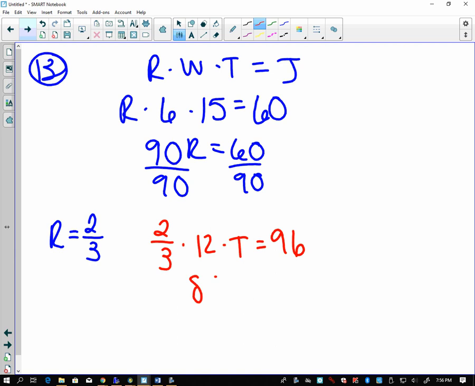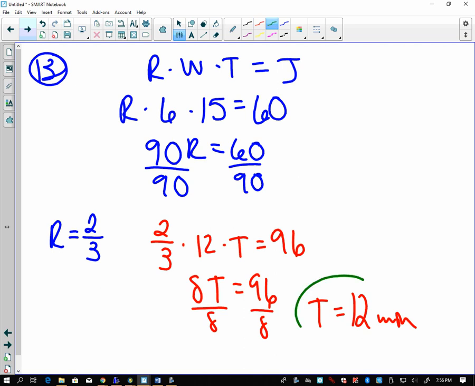So we get 8t equals 96. Divide by 8. T equals 96 divided by 8, which is 12 minutes. Okay, should follow that same pattern.